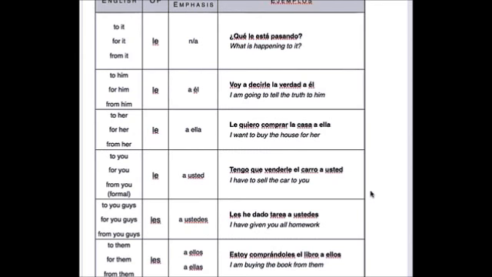To him. I have bought something. Muy bien, correcto. I have bought something. Yo he comprado algo. Josephine, ¿cómo dice? I have bought something for him.